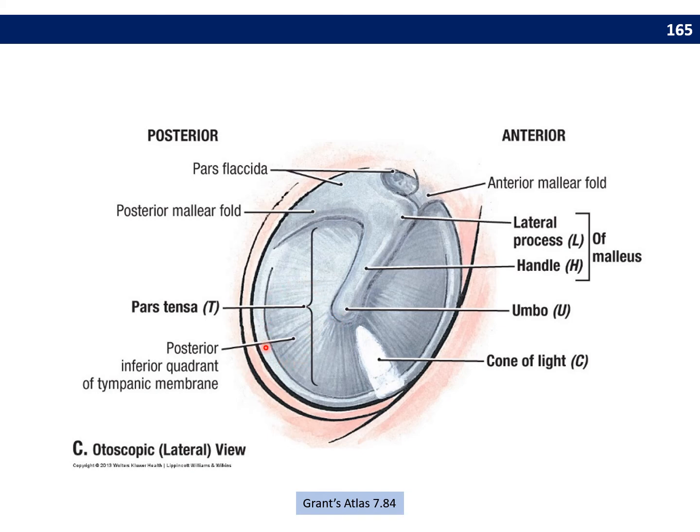Tubes in your ears or any surgical procedure often happens in this posterior inferior quadrant due to the lack, or the absence, of the nerves that are part of the middle ear. You're less likely to encounter them in this posterior inferior quadrant of the tympanic membrane.